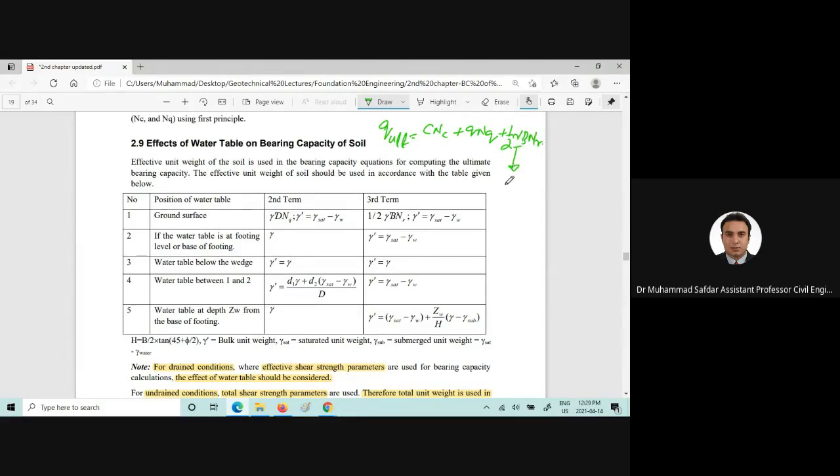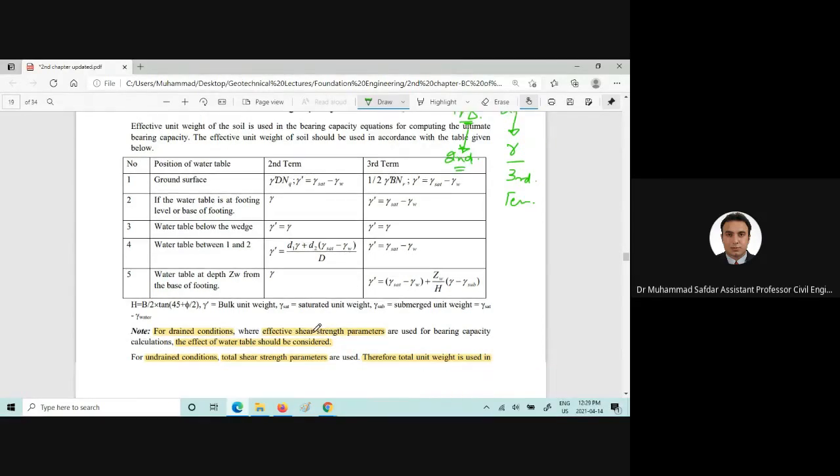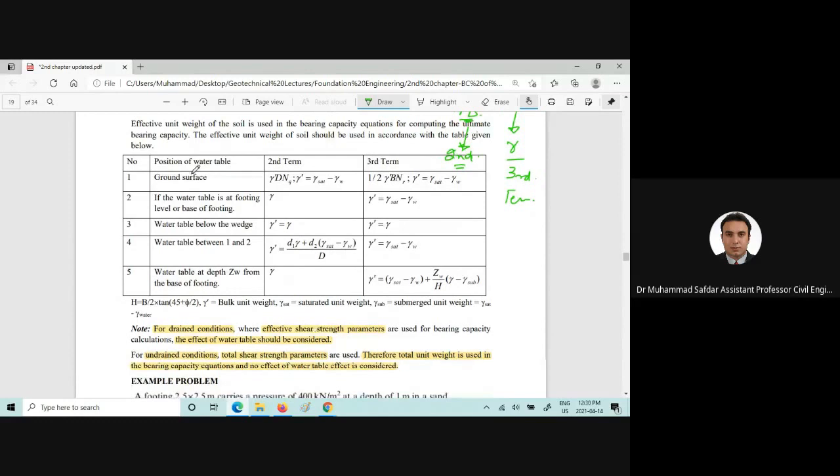There is a unit weight term which is used in what I would call the third term. And there is also gamma into D, if you remember, that is the second term. So based upon the location, this is case 1, case 2, case 3, case 4, and case 5.